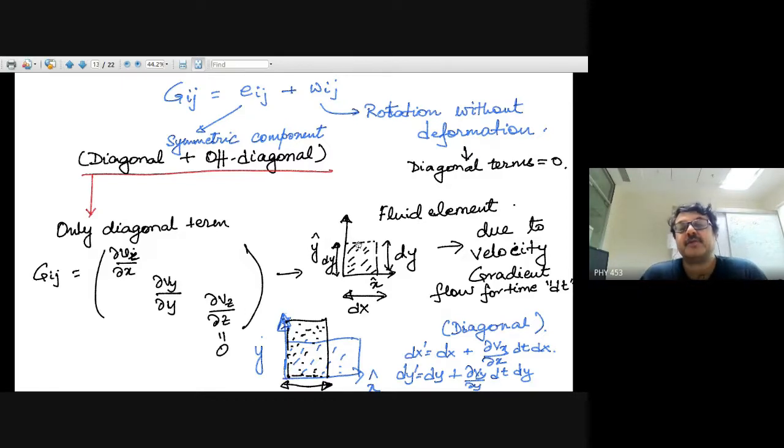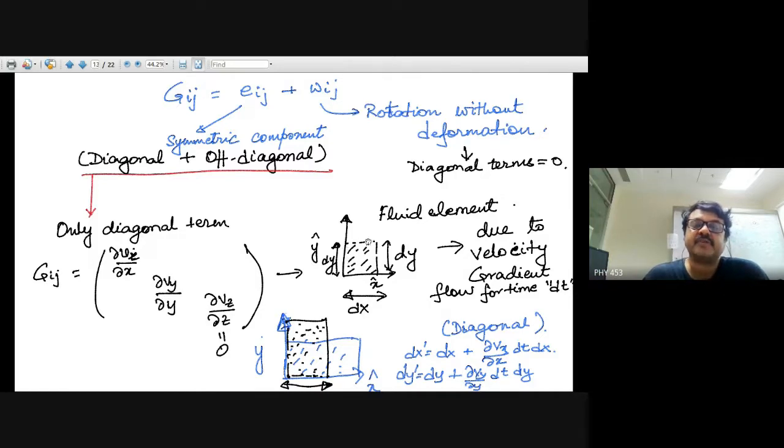Now suppose there's a fluid element of length dy in the y direction, and dx in the x direction. Now suppose that there is flow. There is an external force due to which there's a flow, and for which you can define the appropriate velocity gradient tensor corresponding to the externally applied conditions, which we are not discussing.